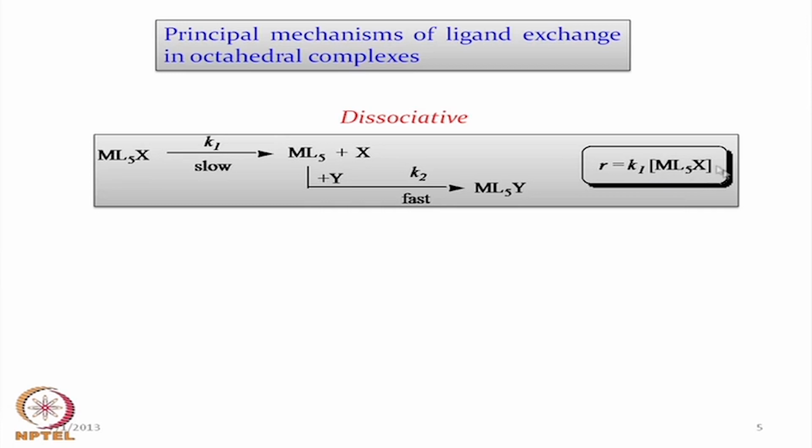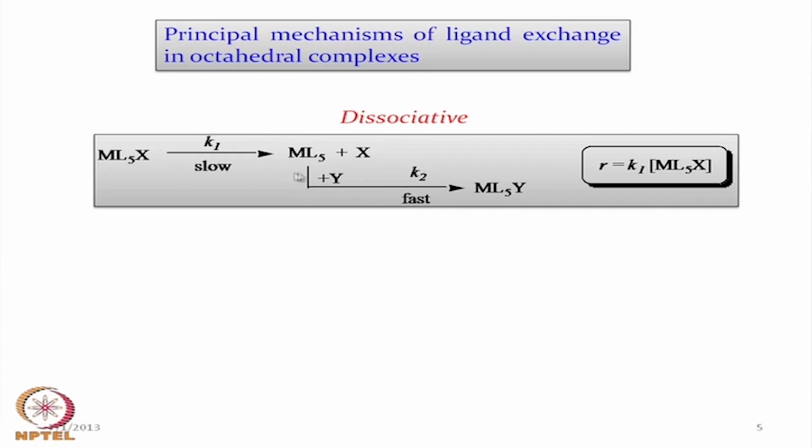That means in this particular case the rate is independent of Y, and we can consider that the second step, that means the contribution for this K2 step, the rate which is dependent on the rate constant K2, is very fast.